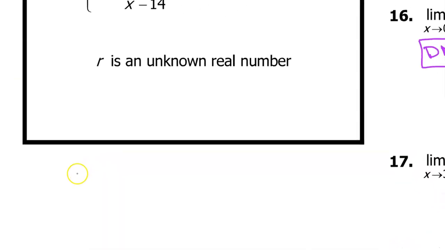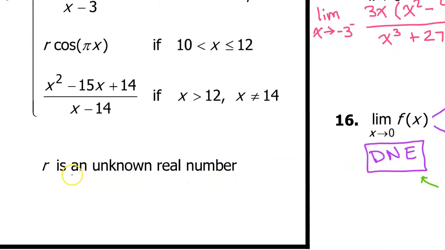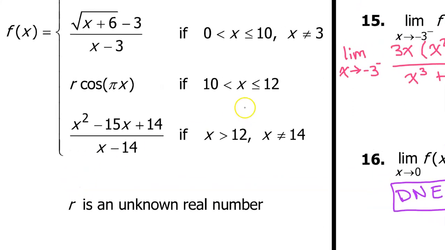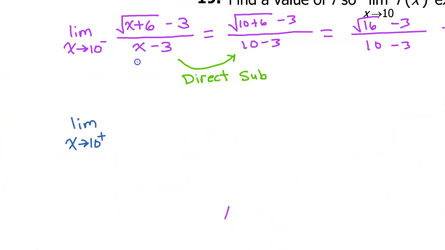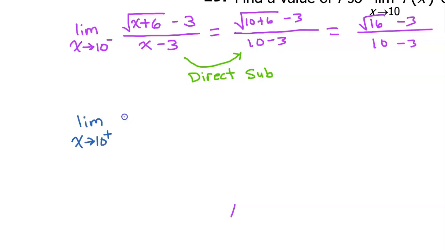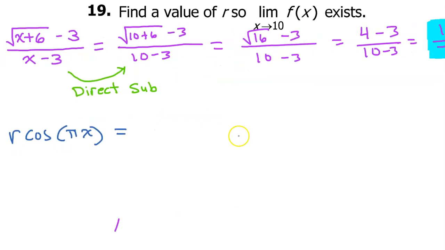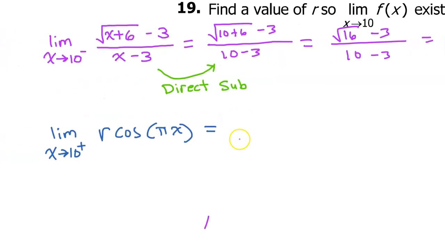As I mentioned before, if we were finding the limit as x approaches 10 from the right, this piece of the piecewise function will apply. So r cosine pi x. We need the limit of r cosine pi x to equal 1 over 7 somehow.